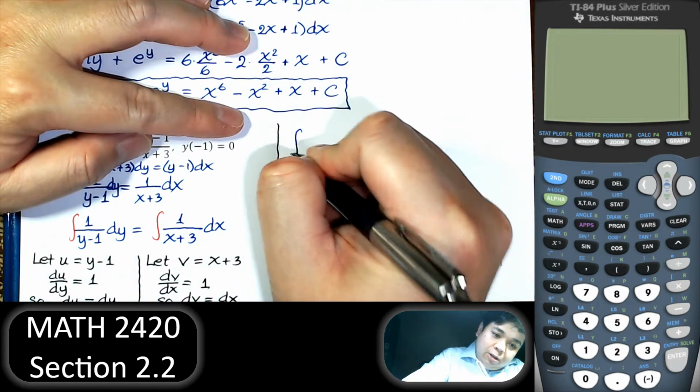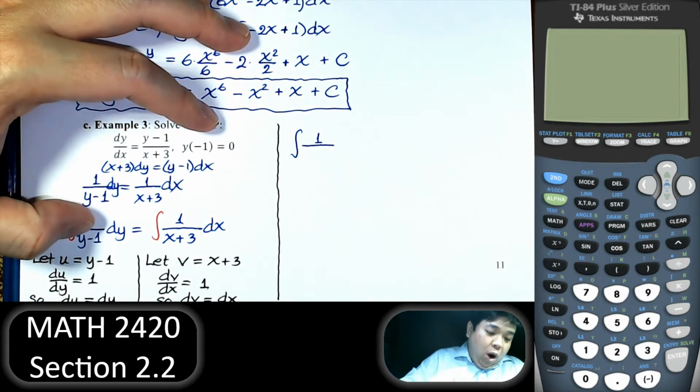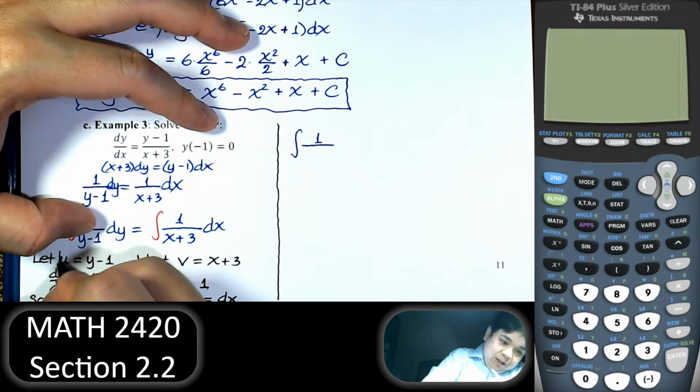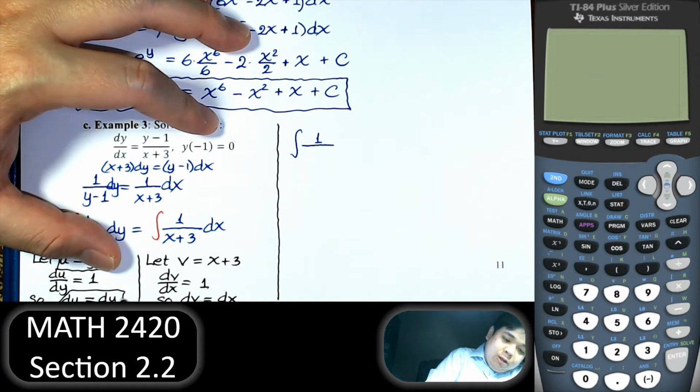Integral of 1 over y minus 1 is going to be u, and du is dy.